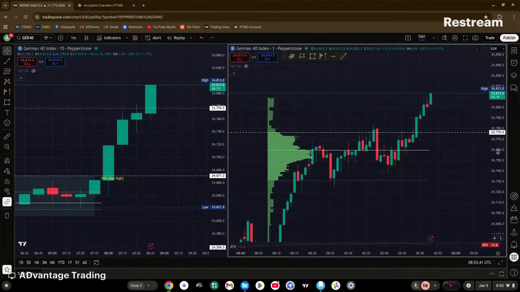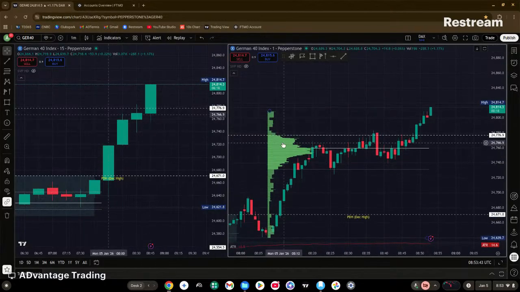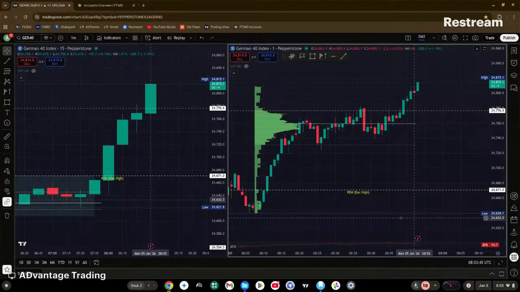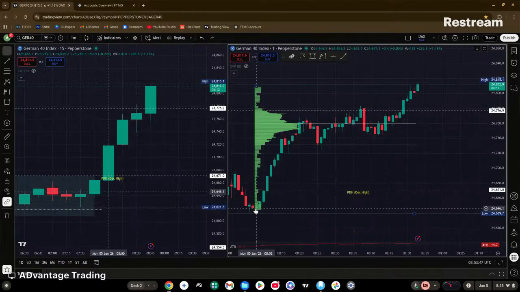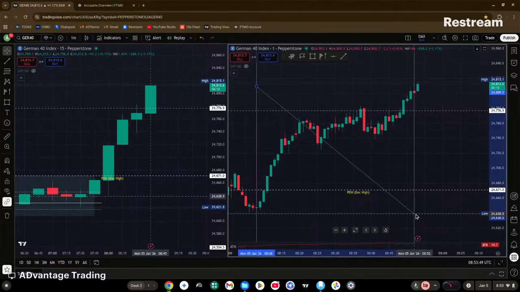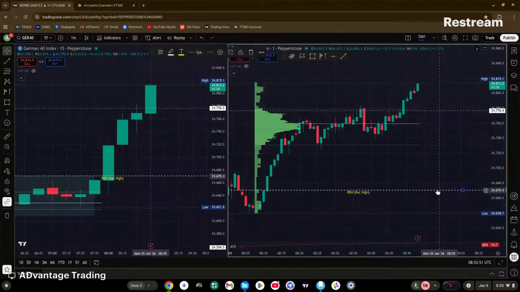Now, as we said earlier, we might get a retest within a minute or two, or it might take half an hour, but the probability of a retest is extremely high.